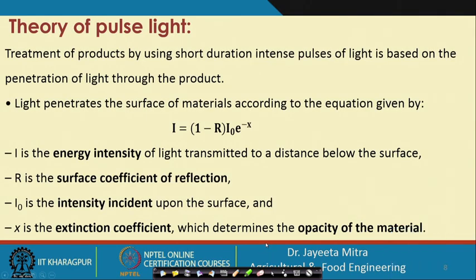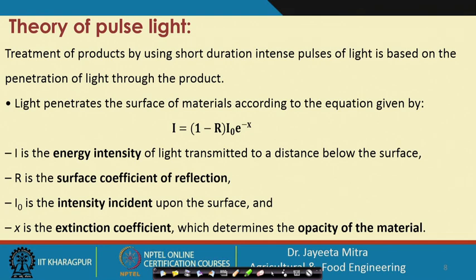Now, the treatment of products by using short duration intense pulse light is based on the penetration of the light through the product. As we are mentioning, it basically acts on the surfaces. So, if it can penetrate a little, what will be that depth and how can it work there?